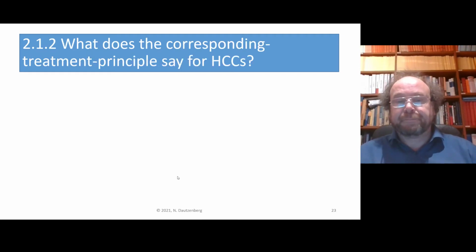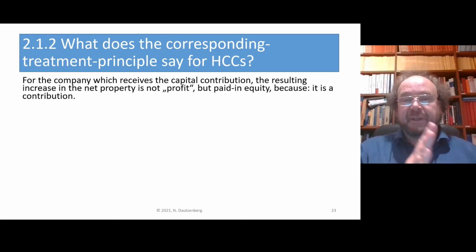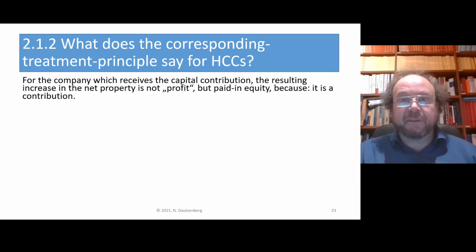Well, what does now the corresponding treatment principle say for hidden capital contributions? Well, again, usually the rule is who gets a contribution does not pay tax because a contribution is not a profit. On the other hand, the person who makes a contribution cannot deduct expense.